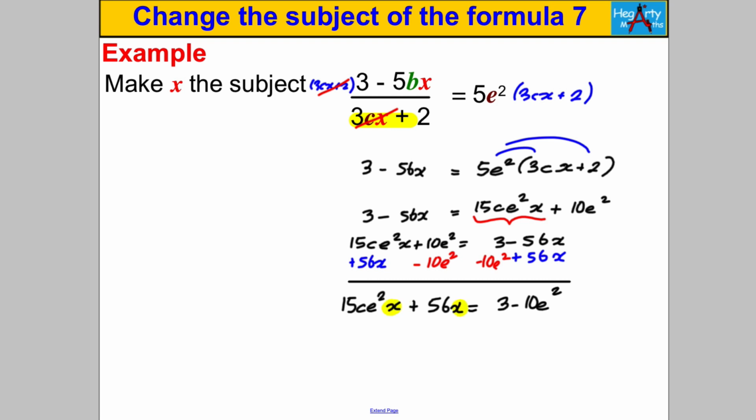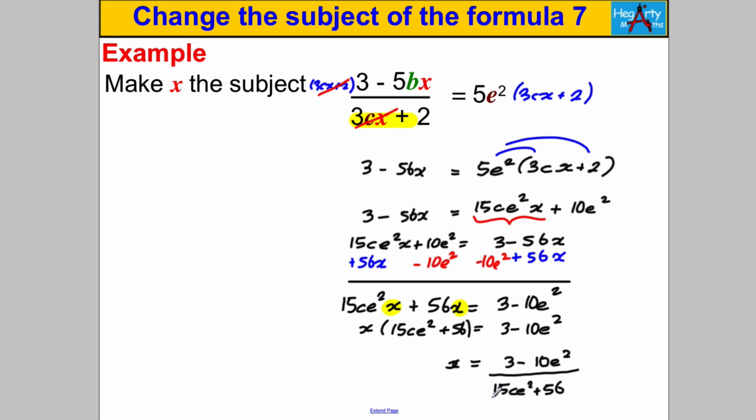To extract that x, I'm going to factorize, so I would get myself x(15ce squared add 5b) is equal to 3 subtract 10e squared, and dividing both sides by this here, I would get myself x as the subject of the formula is equal to 3 subtract 10e squared all divided by 15ce squared add 5b.